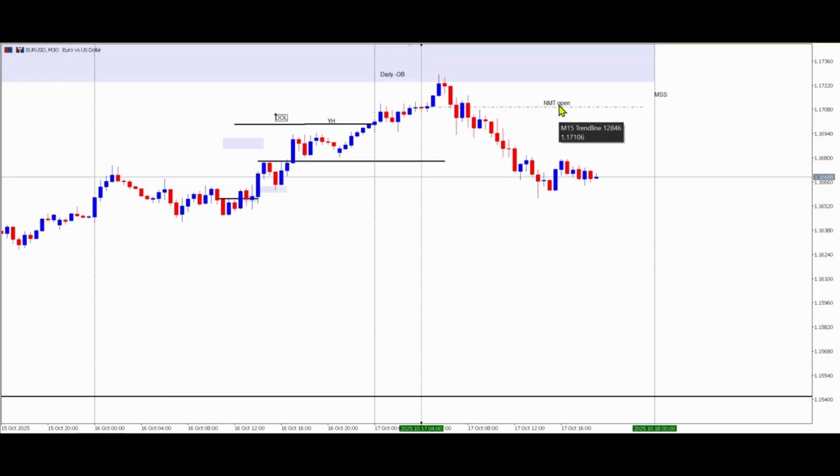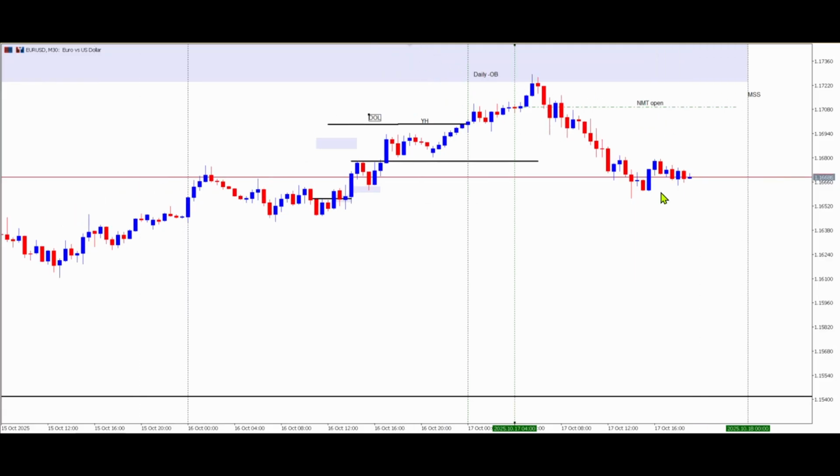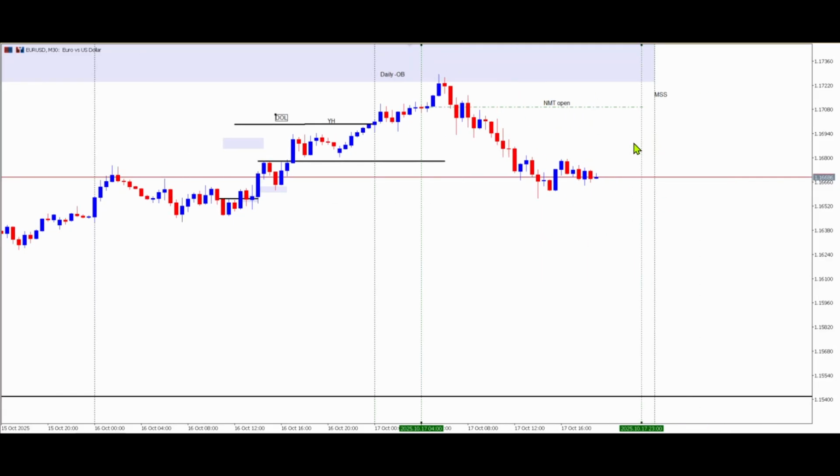That's where we wanna put our sell positions if we are bearish. So today I've been looking to short since it's Friday. I anticipated the TGIF. Remember, TGIF stands for thank God it's Friday.